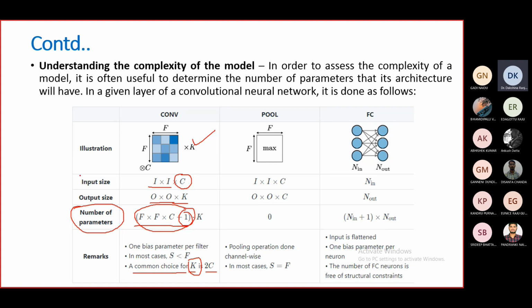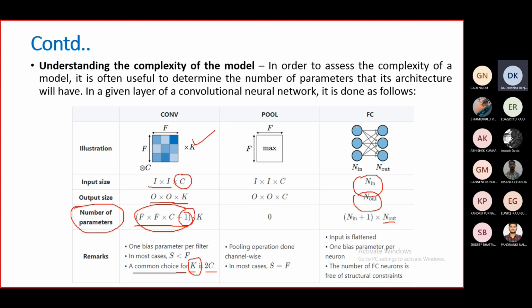And in the fully connected layer, the input size will be considered n in and the output size considered n out. Then the total number of parameters becomes (n in plus 1) into n out. N in means the number of neurons in the input layer, and n out is the number of neurons in the output layer.